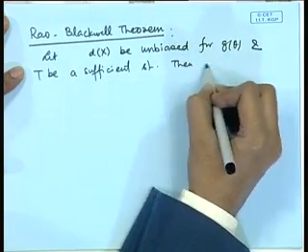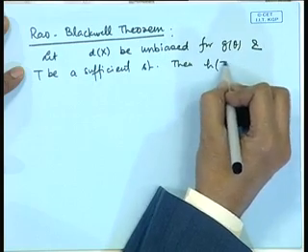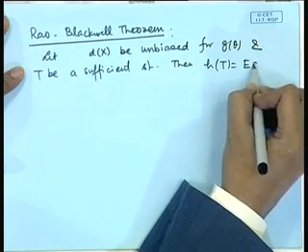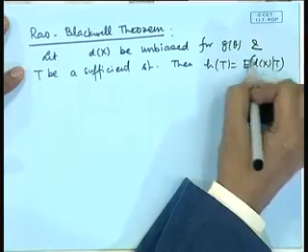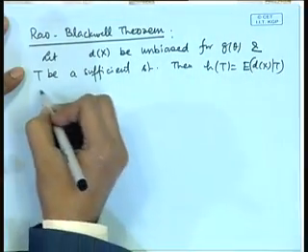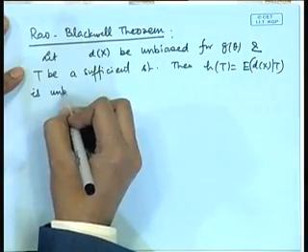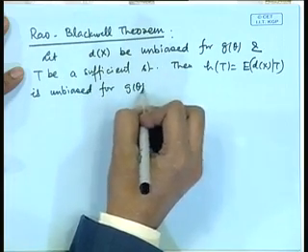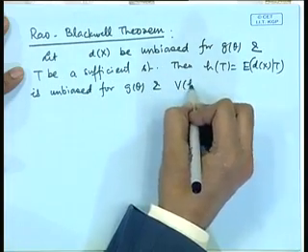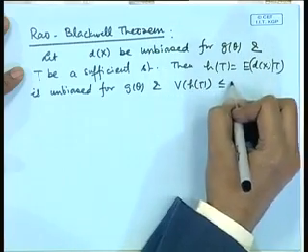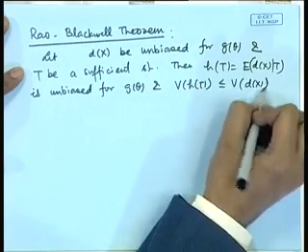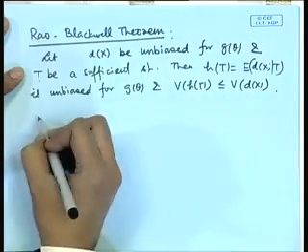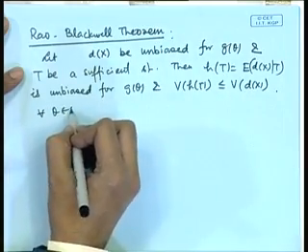Then let us define h(T) as the expectation of d(X) given T, conditional expectation. Then this is unbiased for g(theta) and variance of h(T) is less than or equal to variance of d(X) for all theta.